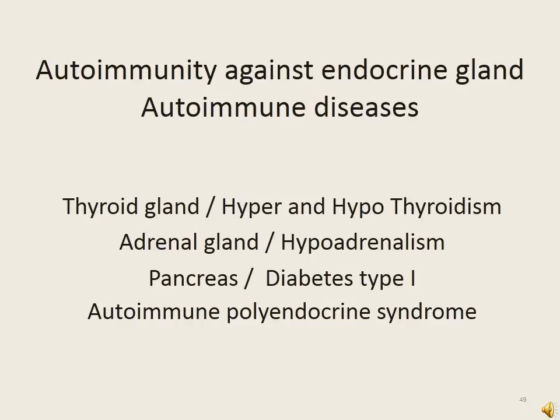An autoimmune disease of the adrenal gland, hypoadrenalism or Addison disease. An autoimmune disease of the pancreas, that is diabetes type 1 or insulin-dependent diabetes mellitus. And there is a condition called autoimmune polyendocrine syndrome.